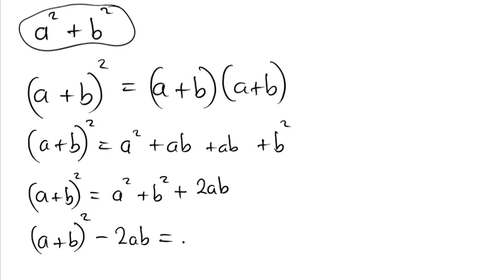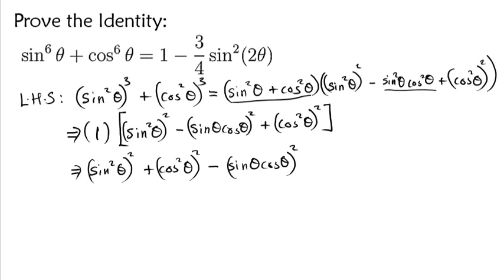And the only thing you remain with on the right-hand side is a squared plus b squared, like that. So if that's the case, now let's go back to what we have here. I need to use this identity, which is a squared plus b squared equals a plus b squared minus 2ab.